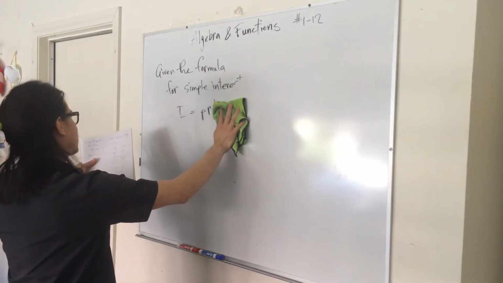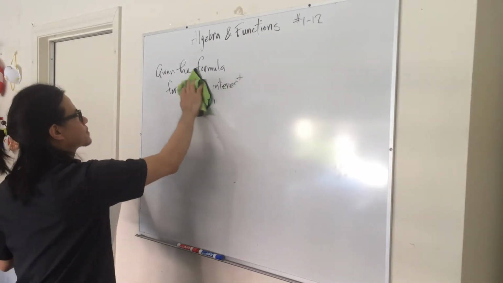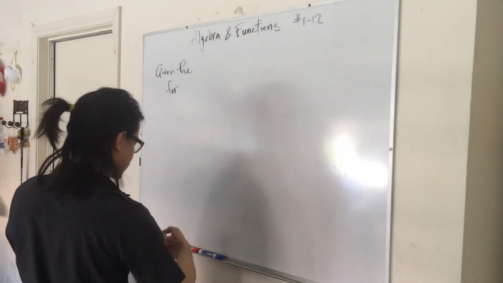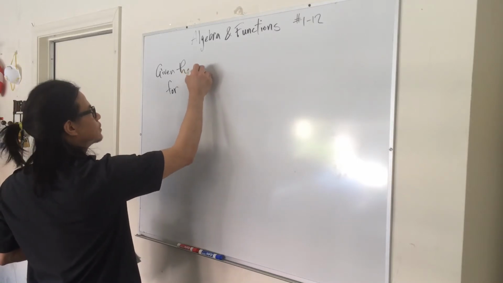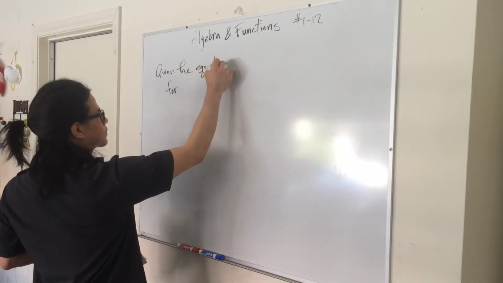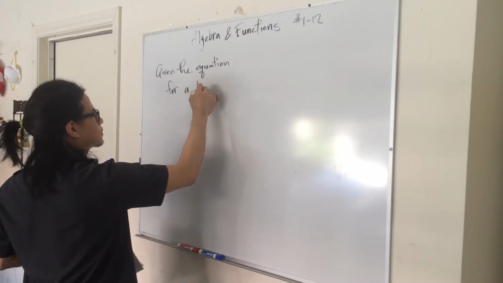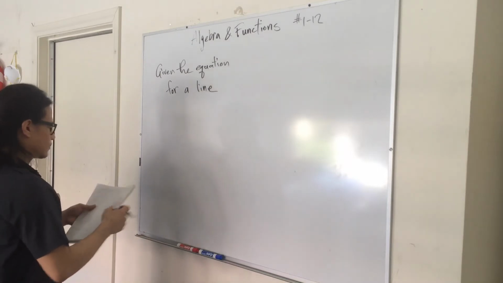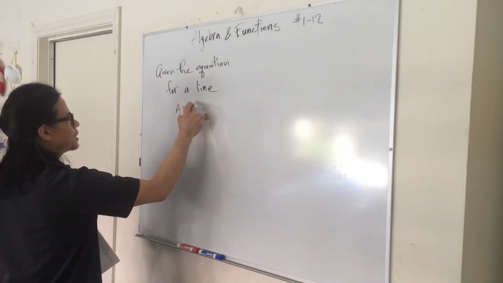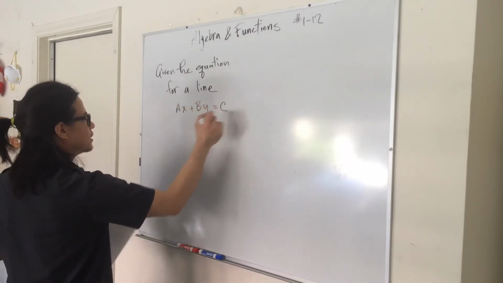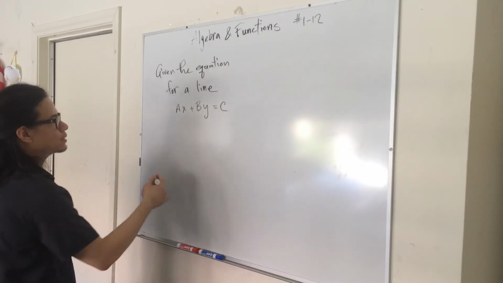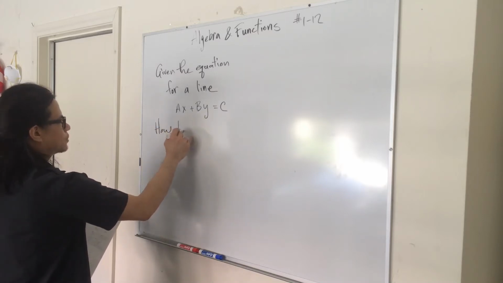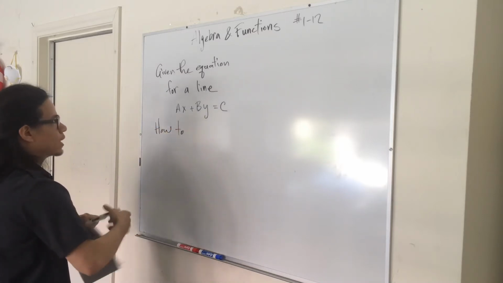So, given the equation for a line, ax plus by equals c, the question is going to give you what to solve for. So in this instance, how to solve for y.